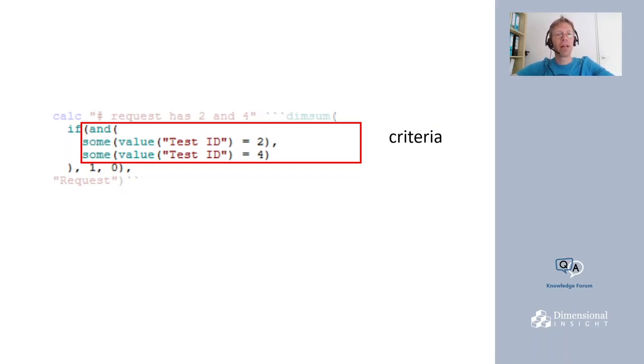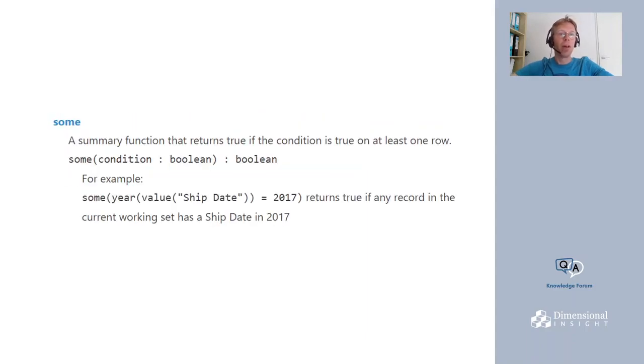If either of these criteria is false, then we add 0 to the sum. Some is a Spectre predicate function that returns true if the condition is true on at least one row.